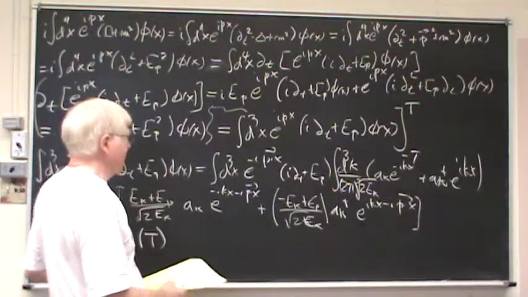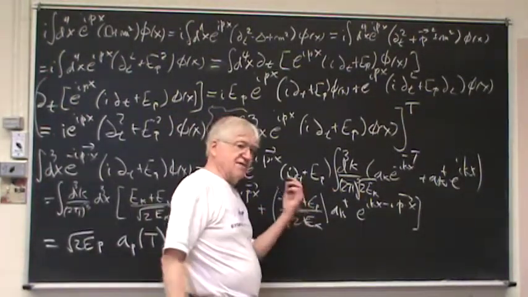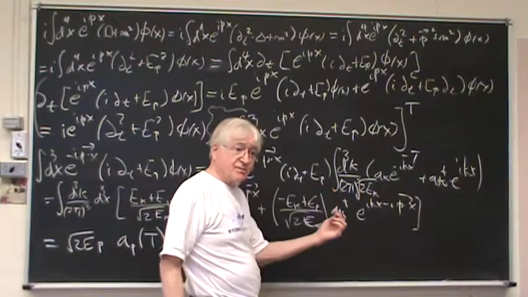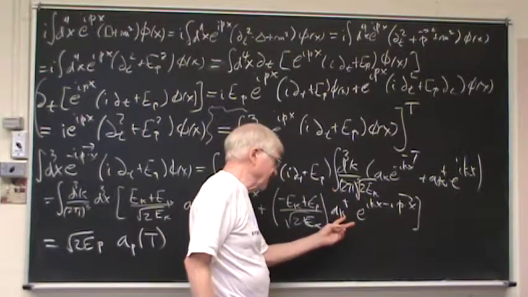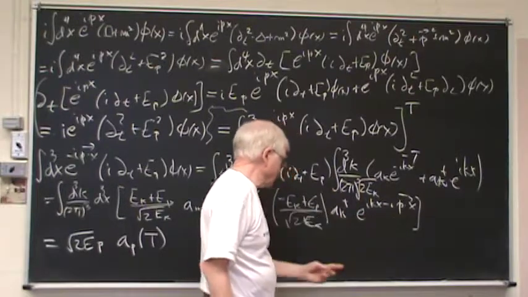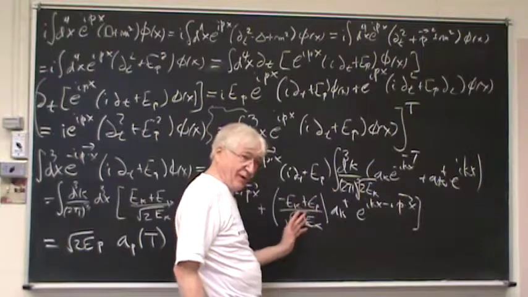So that's at t. Oh, what I was worried about here, forget about it, because the 3-momentum of k is the same as the 3-momentum of p, and so these guys cancel.